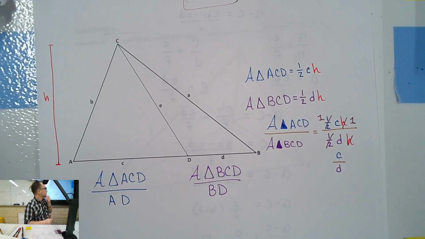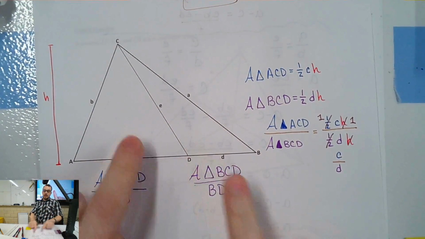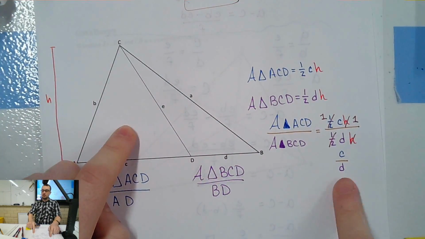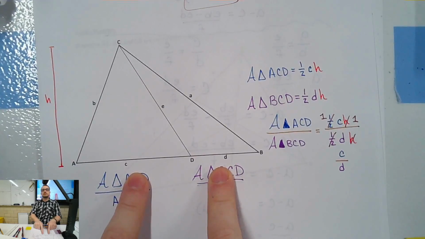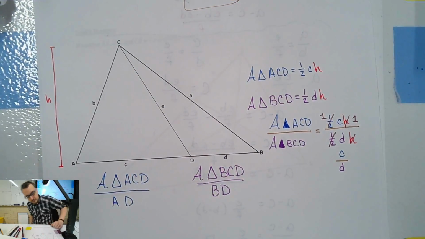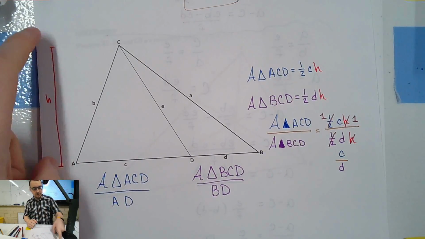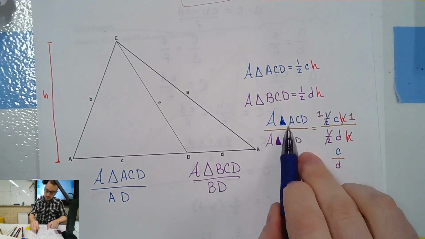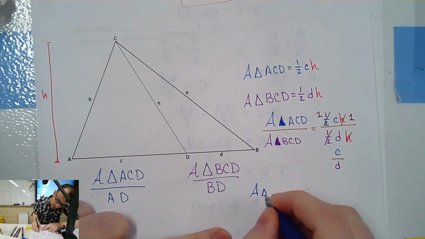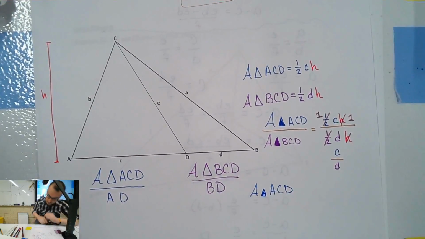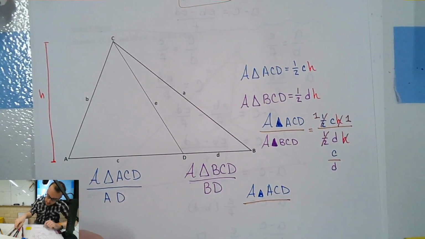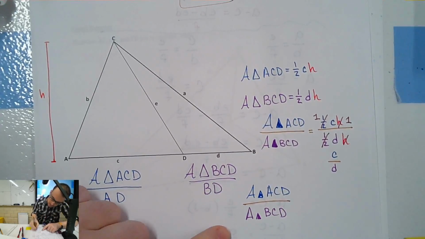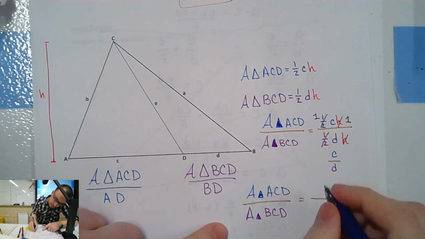So I think we've just shown when two triangles have the same height, that's why those heights cancel, because they're the same. When two triangles have the same height, their bases are proportional. So if two triangles have the same height, their bases will be proportional to their areas.